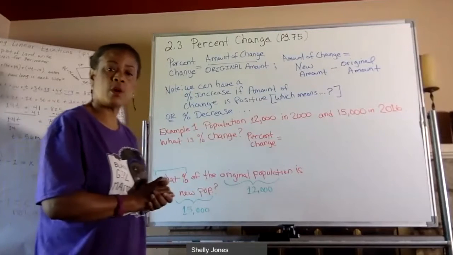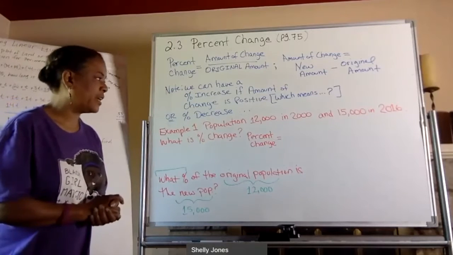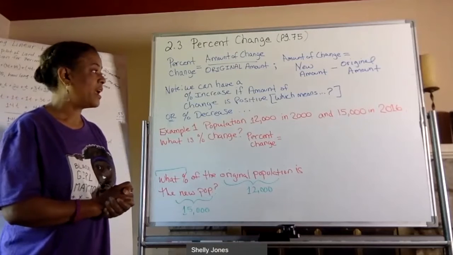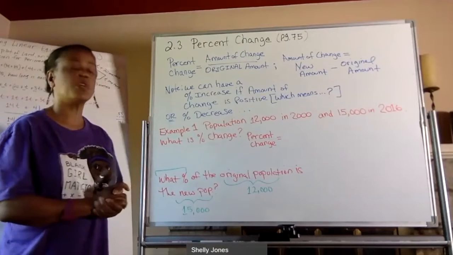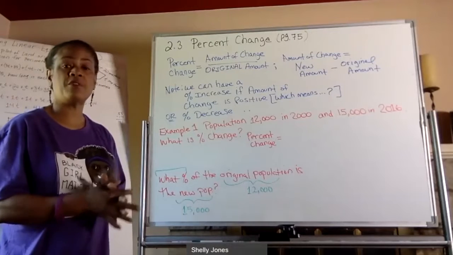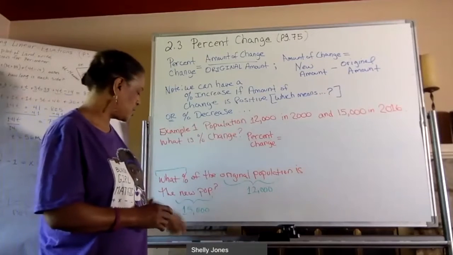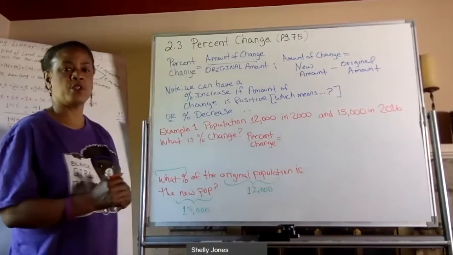So let's go to our first example. Example 1 says the population in 2000 was 12,000 people, and in 2016, it rose to 15,000. This is on page 75 in your student workbooks. In order to find the percent change, I'm going to use the amount of change over the original amount.